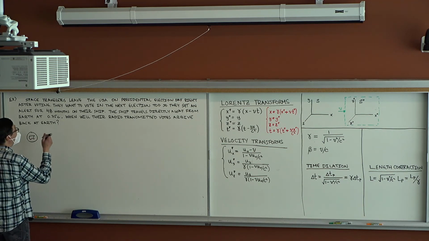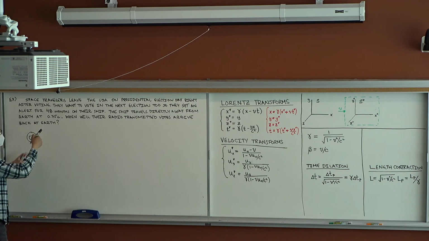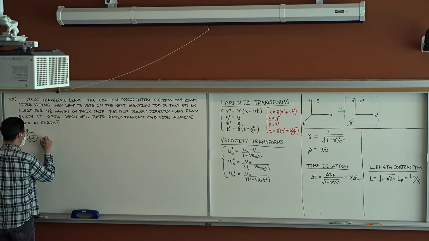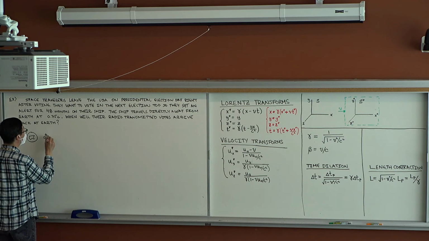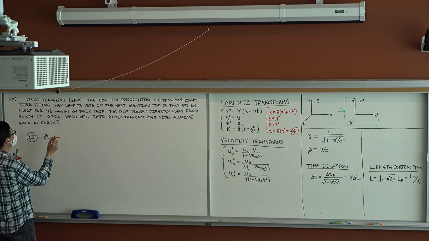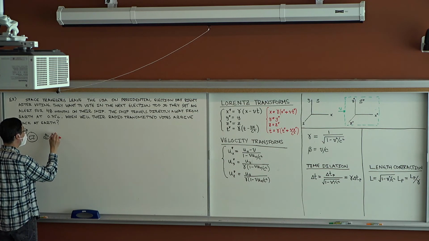So we have a group of space travelers that vote in the presidential election, and then they immediately get in a spaceship and travel away from Earth with speed 0.75 c.